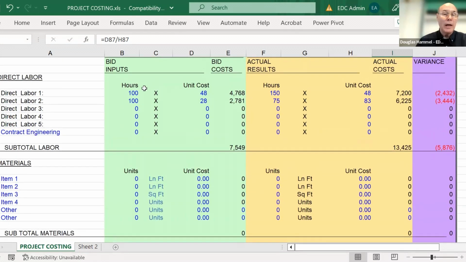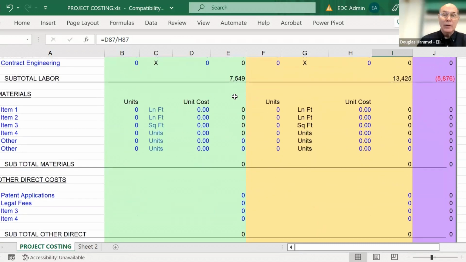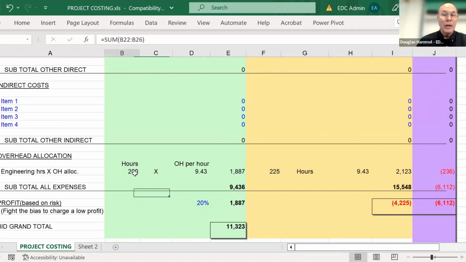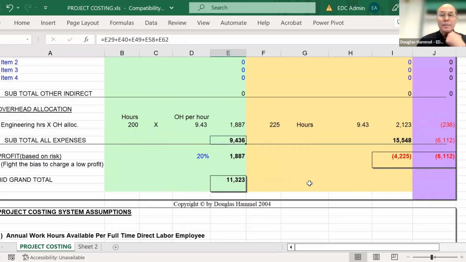So if we put any hours in here, their full cost burden for that direct labor on that particular job is already calculated. Then down here, because we bid 200 hours, we have to allocate that 9.43. 200 times 9.43 is 18,870, and this is the full cost right here in E64.